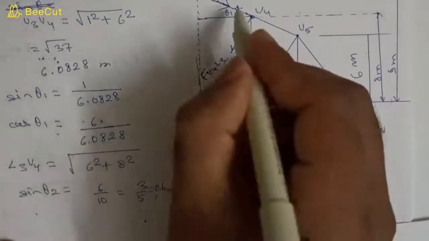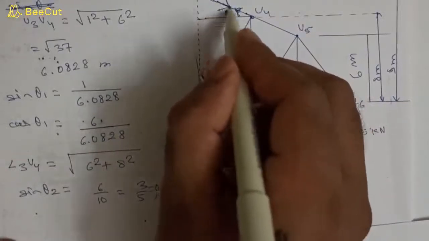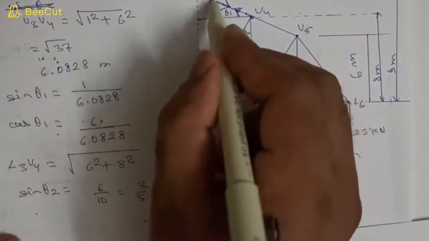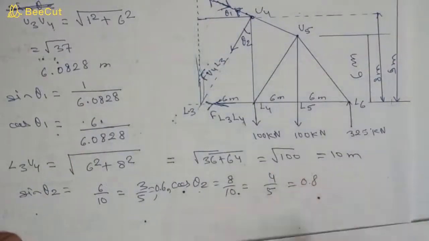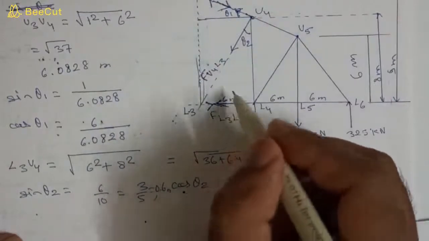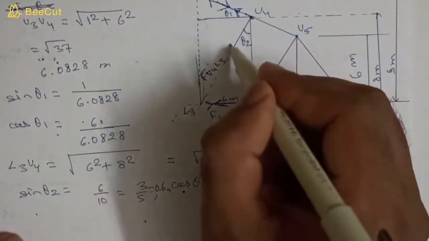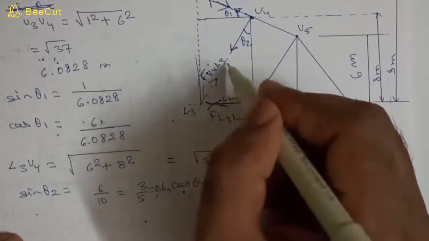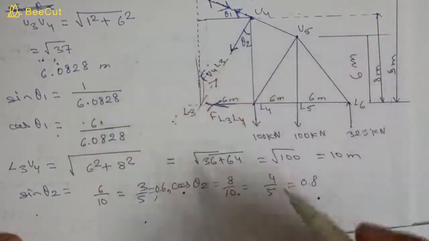At joint U4 we have denoted it in this direction, so at joint U3 it will be in this direction, so it is an outward force, so it will be compressive force. At L3 it will be in this direction, so it is also an inward force.